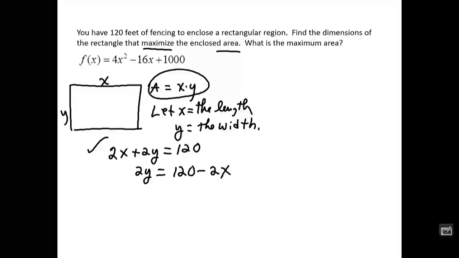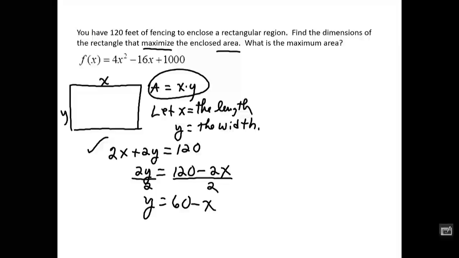So if I divide both sides by 2, we have y is equal to 60 minus x. So I've expressed the width in terms of x, the length.